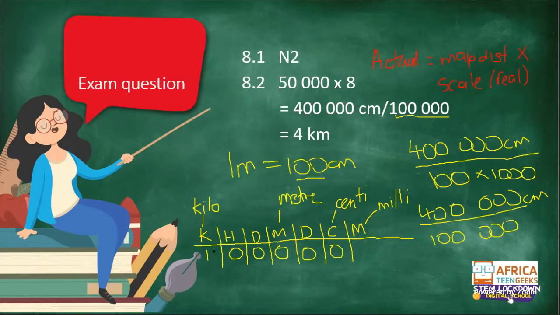You can see now 1 kilometer is equal to 100,000 centimeters. And if they give you millimeters, then you just add another zero.